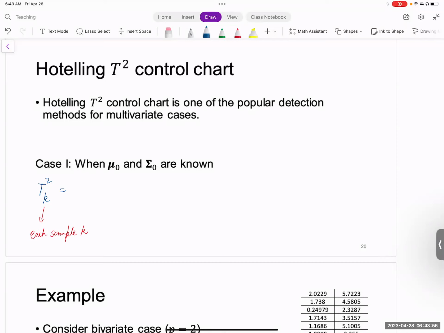T squared k is xk under bar minus mu 0 under bar, transpose, sigma 0 inverse, xk under bar minus mu 0 under bar. So you basically compute this for every single sample, and then your UCL is chi square alpha comma p, and then your LCL is 0.